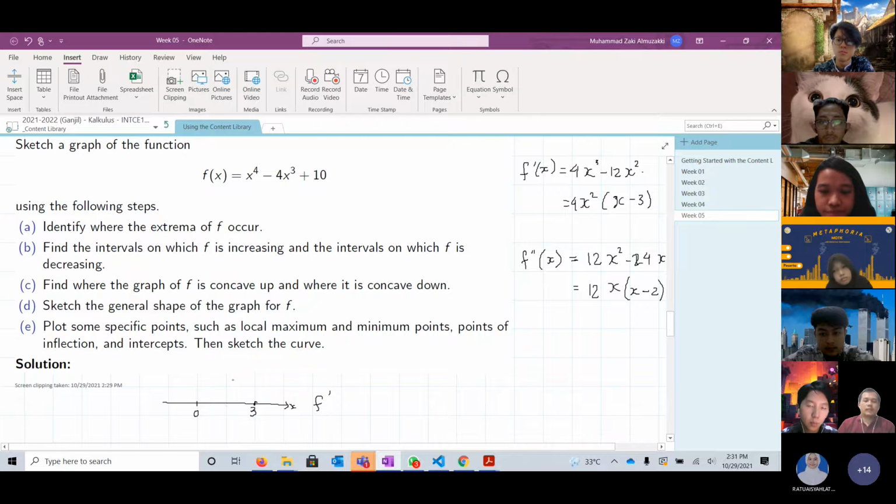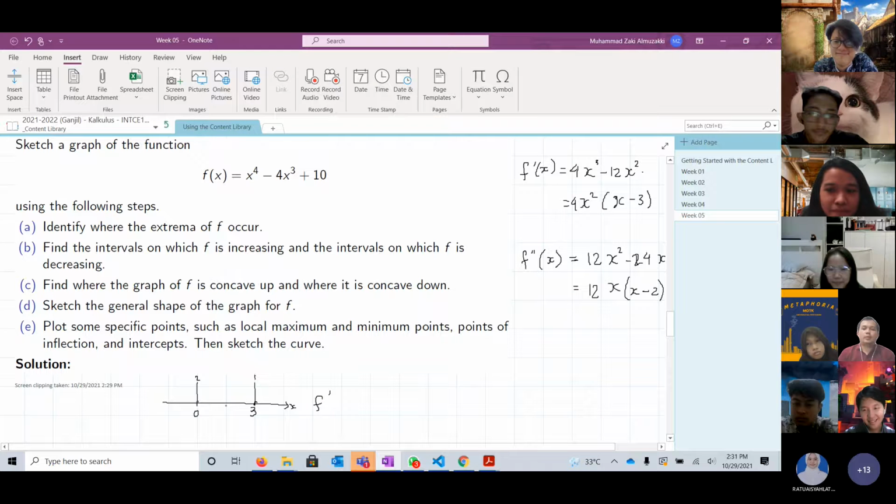The extremum is at 0 or 3. Then we can make this sign chart: 0 has power 2, 3 has power 1. If we put 1 inside, we have negative, and here is also negative, and on the right side is positive.